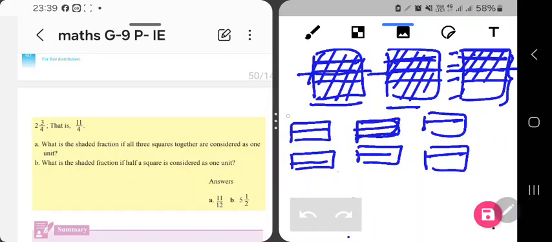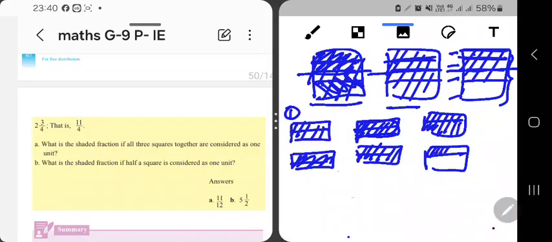Now this unit is 1, right? And we know both of these are colored because this section was colored. Both of these are colored because the bottom section was colored. This was also colored. This was also colored. This was also colored. And here only 1 is colored.